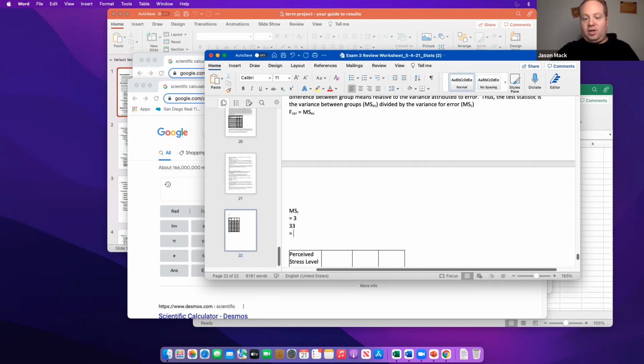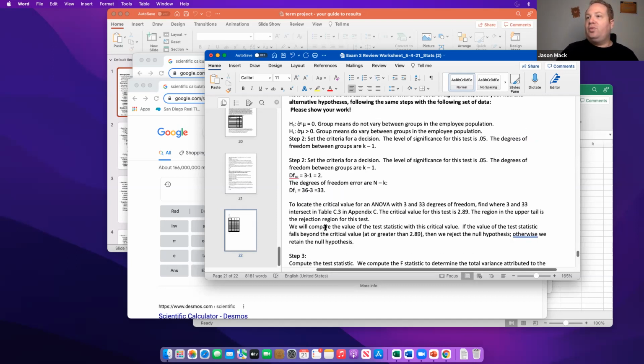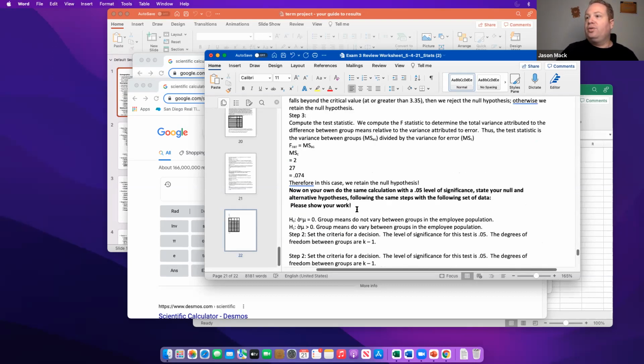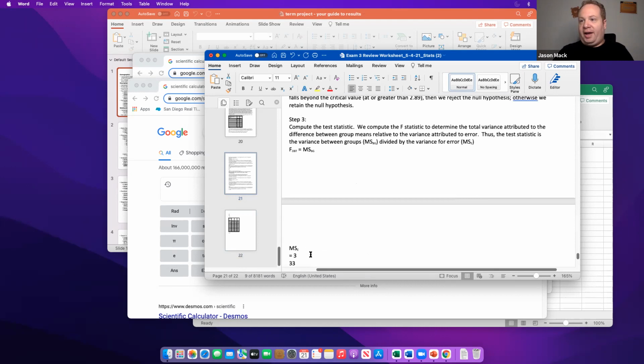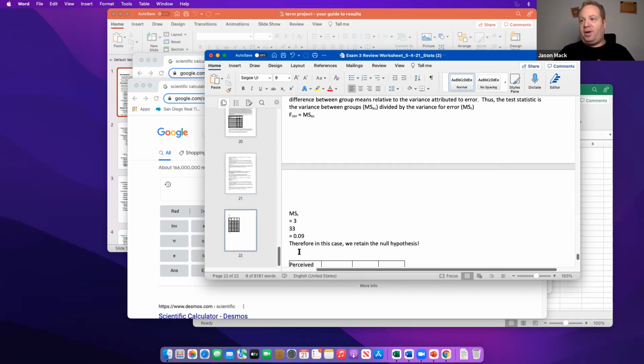That's positive, so that's 0.09. And in this case, we are going to retain the null hypothesis because it is much lower than the 2.89. So, same thing, therefore we retain the null hypothesis.